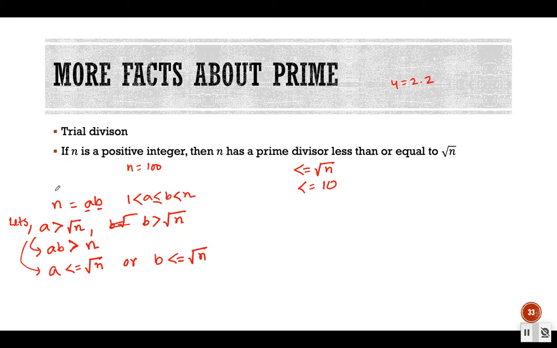So if n is a composite number and has two factors, then one of them has to be less than or equal to the square root of n. Let's say a is a prime factor and b is just another, normal number.